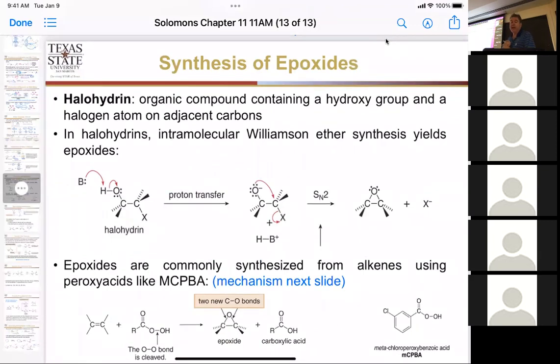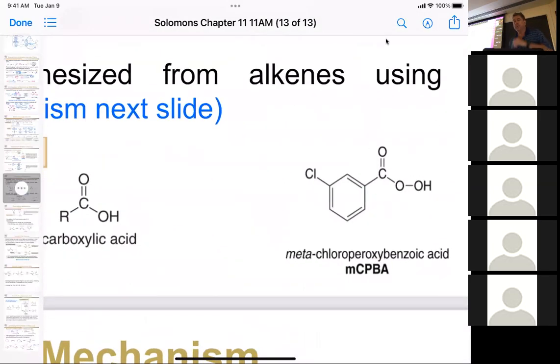Okay, and so we actually have 2 different mechanisms, 2 different ways to make this. The first one is called MCPBA, or metachloroperbenzoic acid. Okay, so let's look at that structure here. When we make epoxies, the best way to do it is to use what we call a peracid. A peracid is a carboxylic acid with 1 extra oxygen in it.